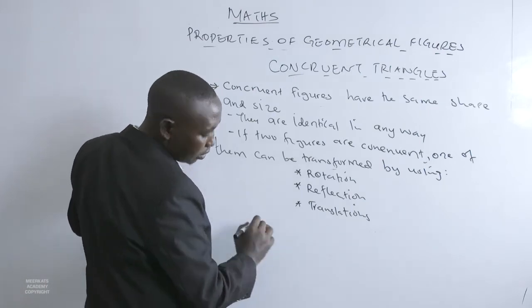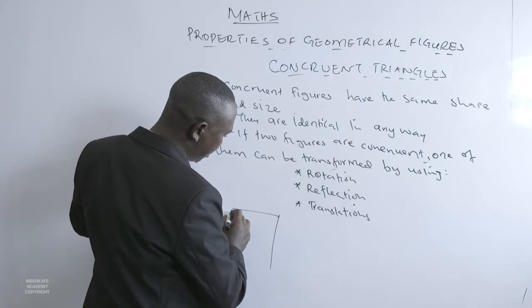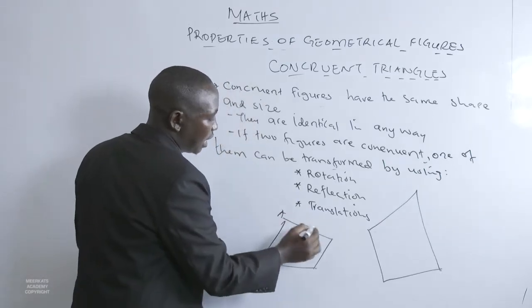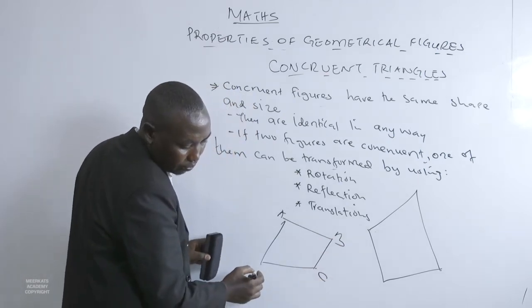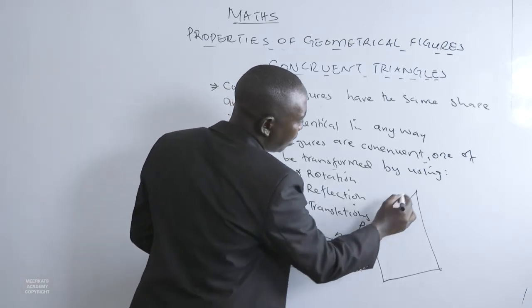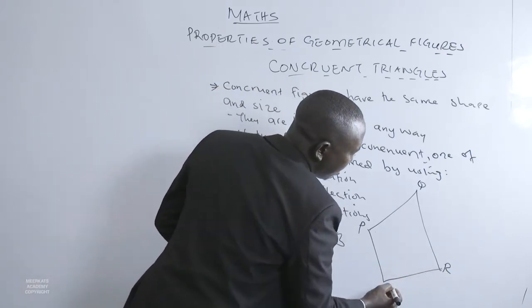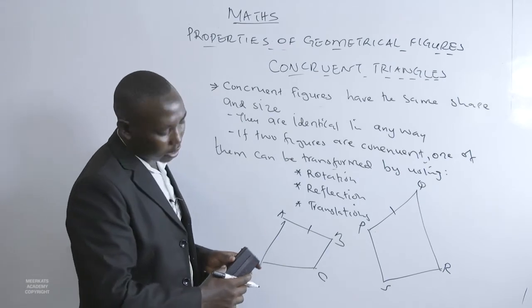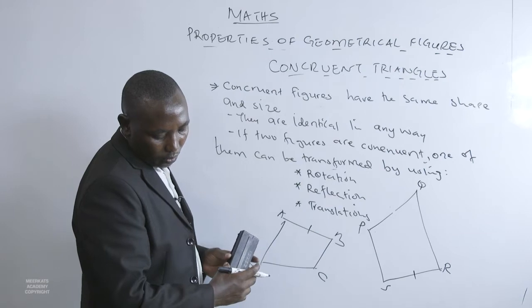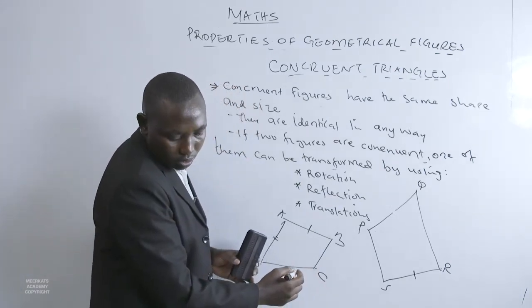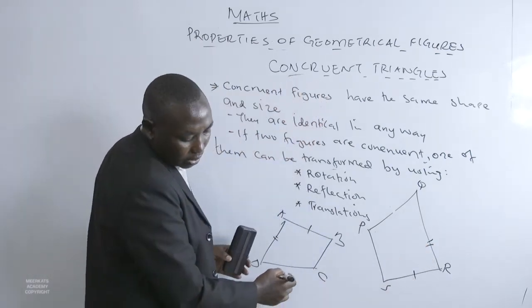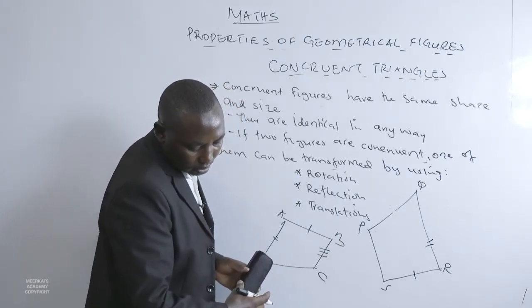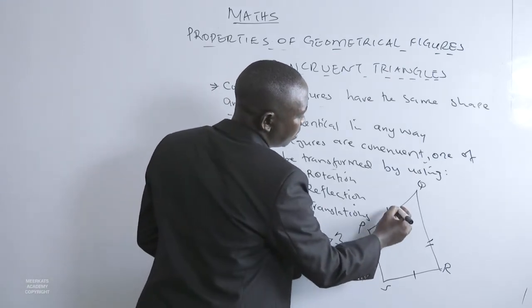Then if we have two quadrilaterals, let me draw this one very quickly, where this is A, B, C, D, then we have P, Q, R, S, and we are told that this one matches to this one, this one matches to this one, and this one matches to that.